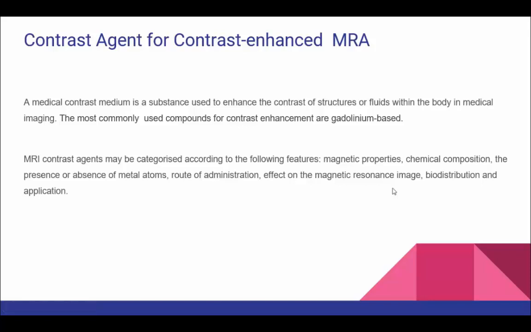MRI contrast agents are used to improve the visibility of internal body structures in magnetic resonance imaging. The most commonly used compounds for contrast enhancement are gadolinium-based. In an MRI scanner, sections of the body are exposed to a very strong magnetic field, causing primarily the hydrogen nuclei of water in tissues to be polarized in the direction of the magnetic field.